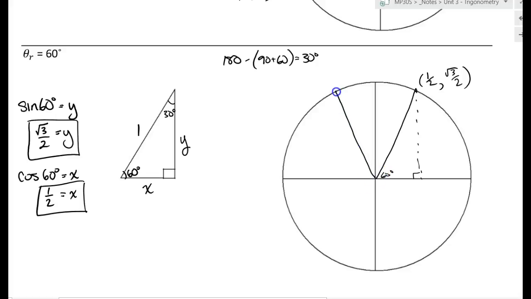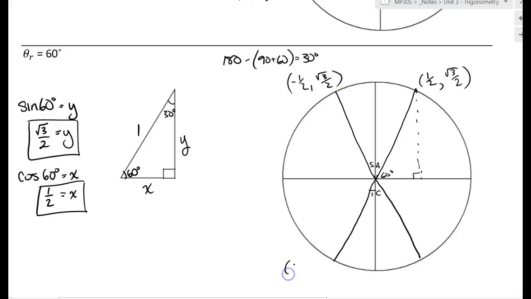Looking in the other quadrants, to see something along these lines. Remember, all students take calculus, and so we've got a positive sine, a positive y, but a negative x, so negative 1/2 and root 3 over 2.